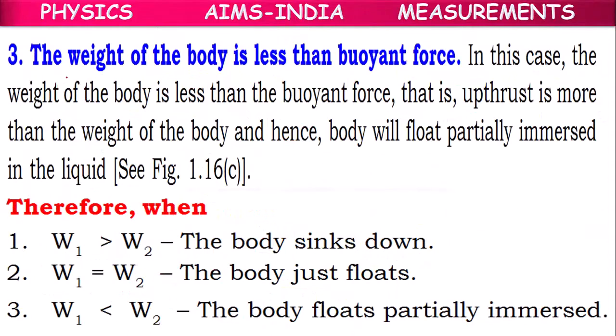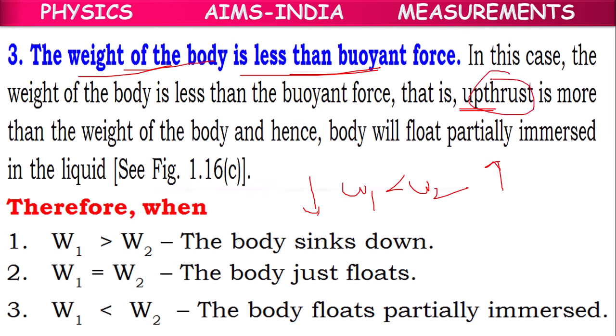Next, the third case. The weight of the body is less than the buoyant force. W1 is less than the buoyant force. Downward force is less than upward force. So what happens? The upward force, upthrust, is more than the weight of the body.